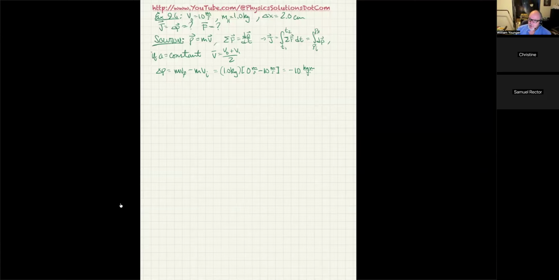Now, the karate blow is actually putting a force in the positive direction, not in the negative direction. So we might be better served by saying the impulse is positive 10 kilogram meters per second, like that. So that's the first part of the question.